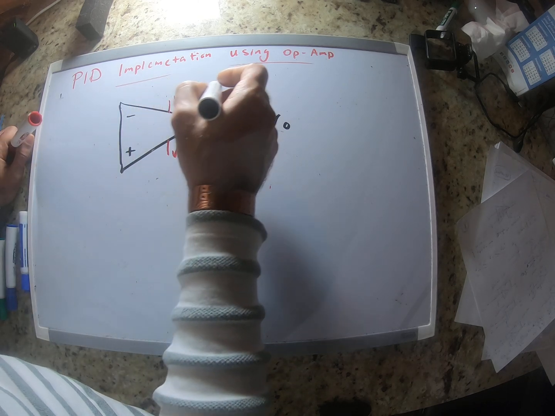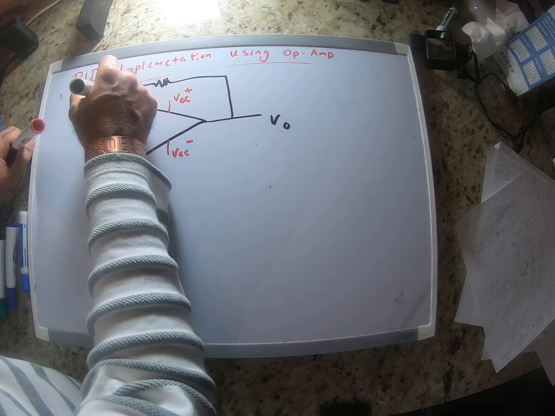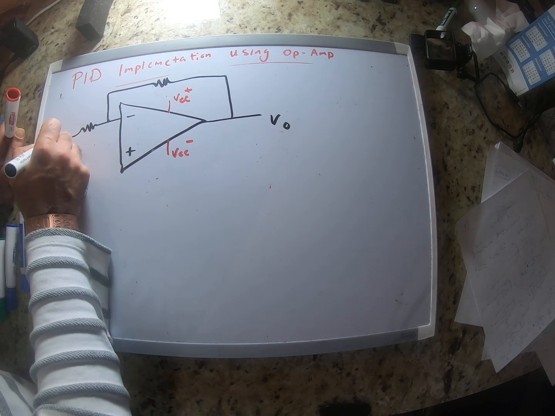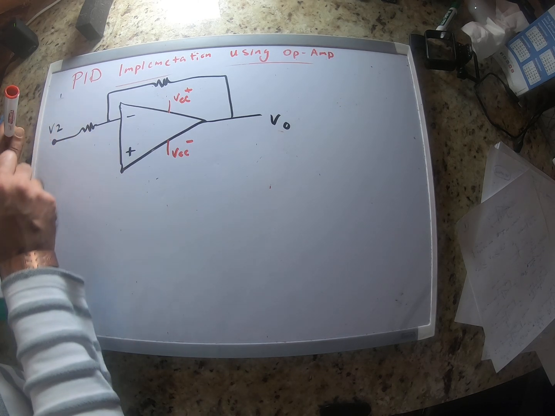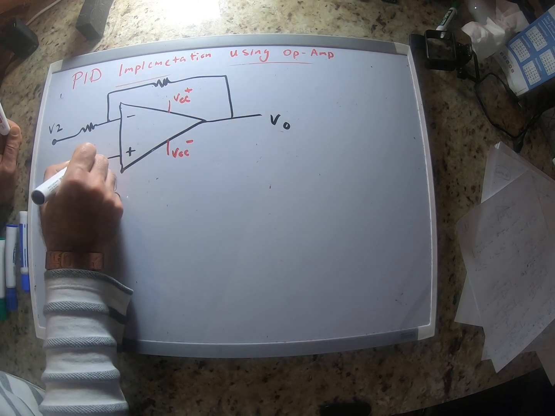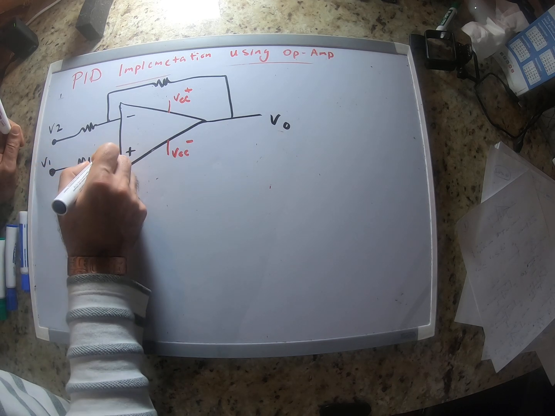So let's see what the circuit that I want to show you is. Let's just do this one. V2. So you see we have a negative feedback here. And this one, V1.